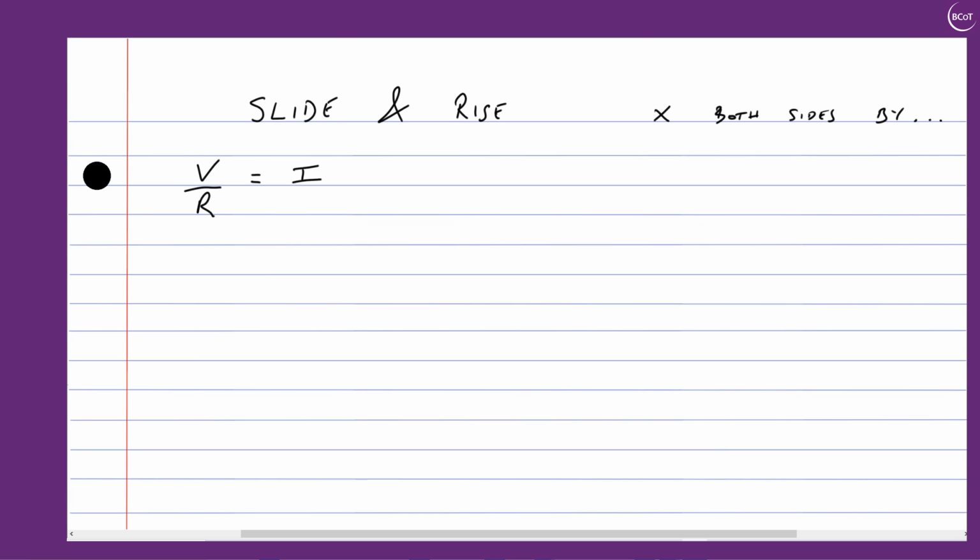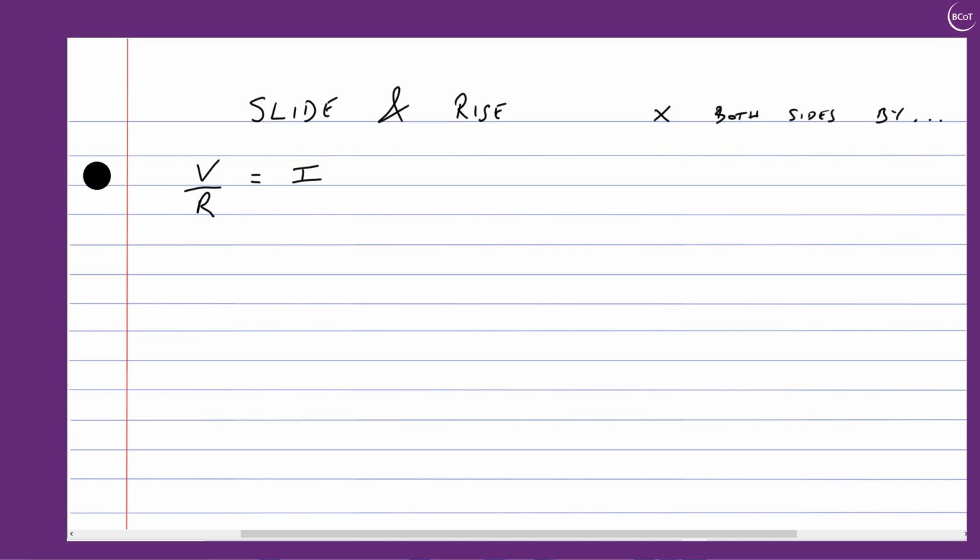The next trick we'll look at is slide and rise, which is when we're multiplying both sides of an equation or a formula by a number or by one of the variables. Here we have a voltage divided by resistance gives us current. V over R equals I, which is from Ohm's law.